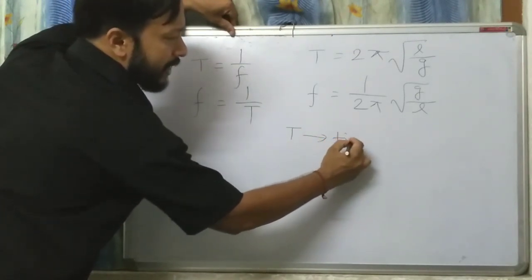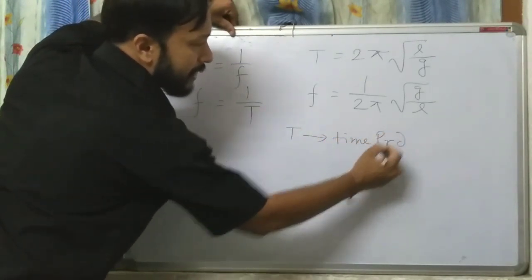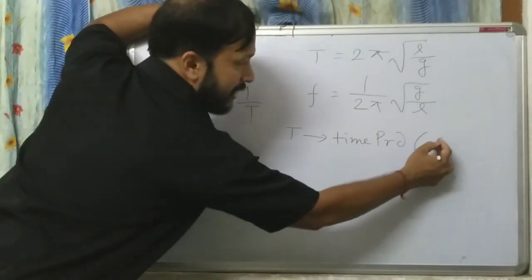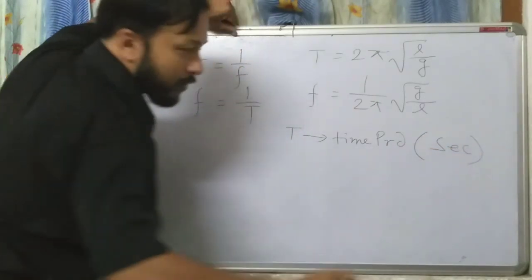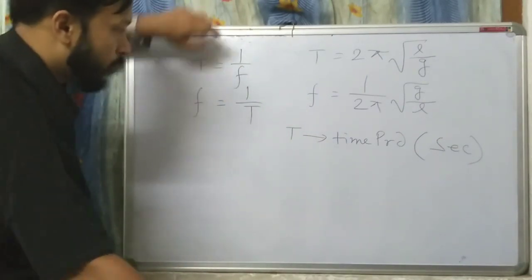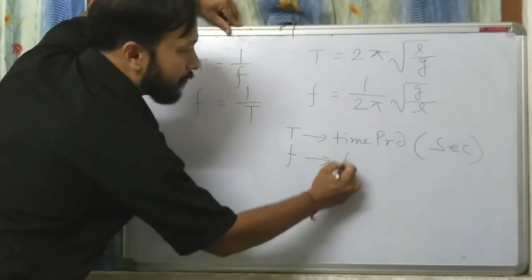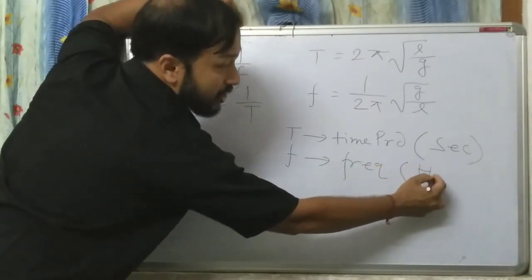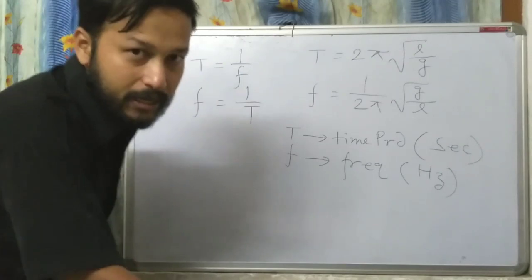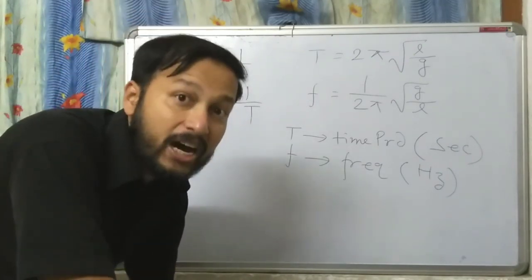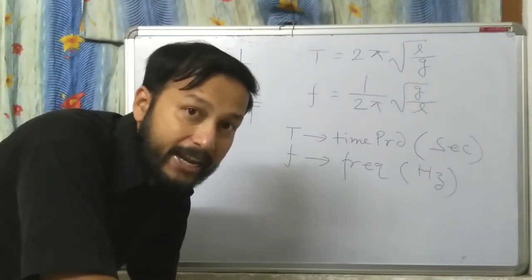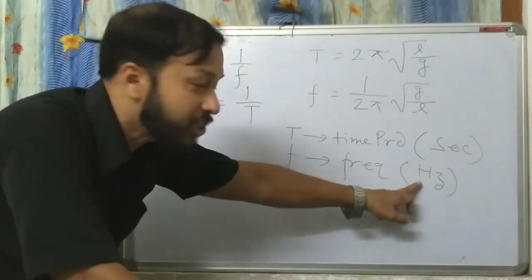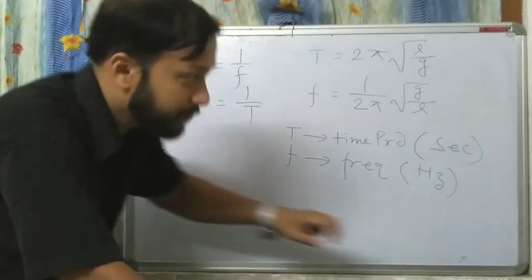T is time period. What is the unit of time period? Second. Now, F. What is F? Frequency. What is the unit of it? Hertz. The unit of frequency is Hertz. Capital H, small z. This is the way of writing Hertz.